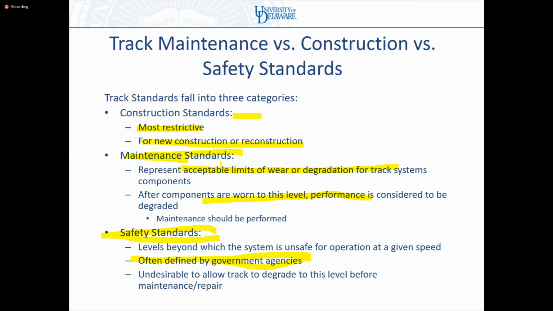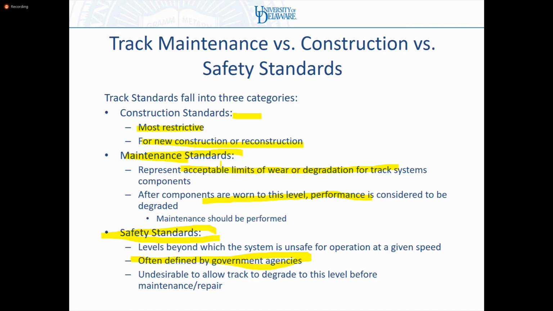So the safety standards are often subject to independent assessment. Again, in the US and in Europe, there are government safety officers. In the US, the Federal Railroad Administration has special inspectors who have the right to go out on a railway at any time and inspect. And if they find a defect, or they find something that causes a safety variation, they can shut the railway down until it's corrected.